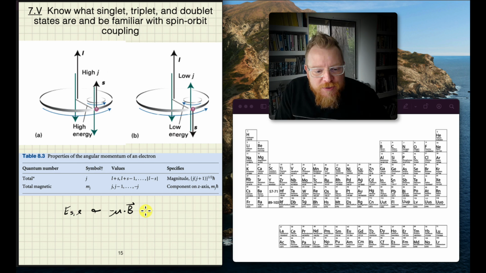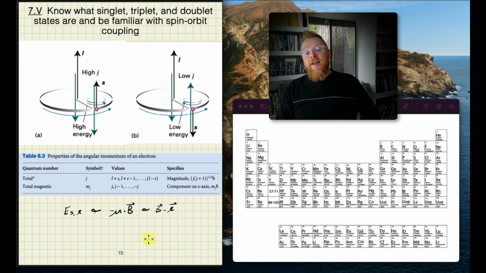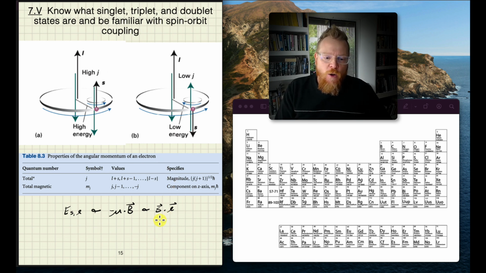Well, as it turns out, that's proportional to the vectors S and L, and specifically it's proportional to their scalar product. So the overall magnitude is what we're interested in here, not necessarily the direction. That's why we are interested in their dot product. We just want a scalar result.